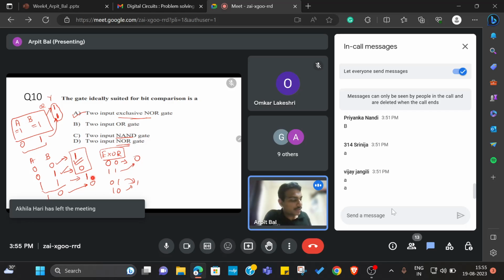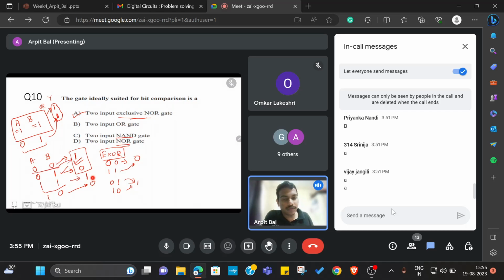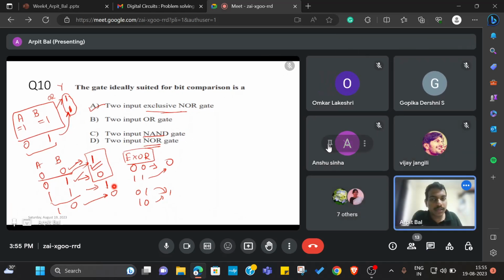But yeah, usually XNOR is preferred, because if it is similar, then it is going to give you 1. Because similarity kind of resembles something positive, that's why XNOR is preferable. And yeah, so the correct answer is option A.